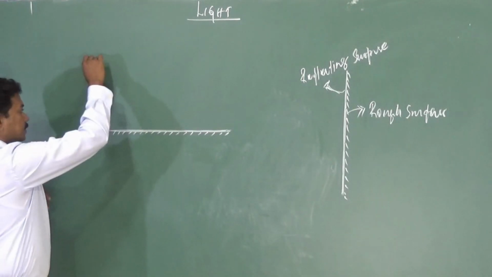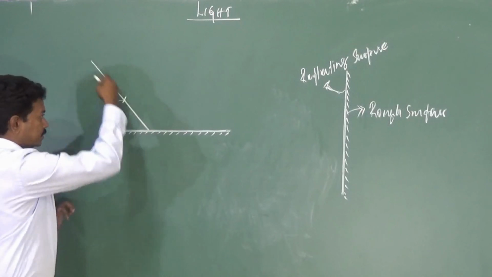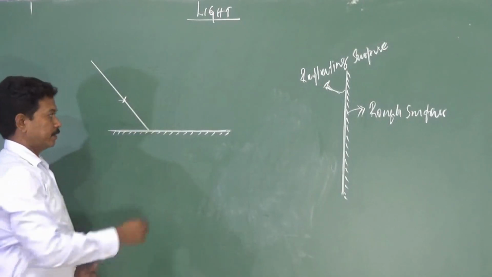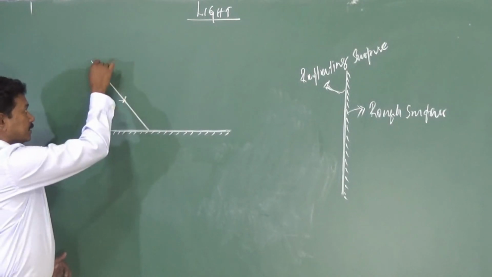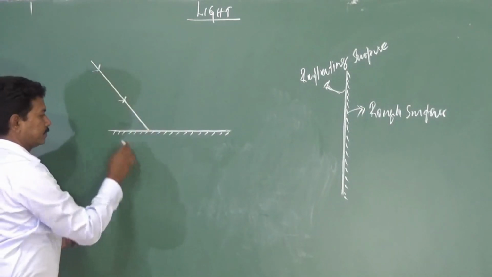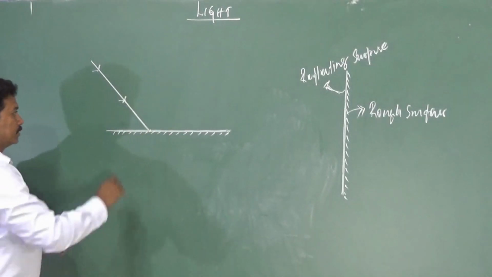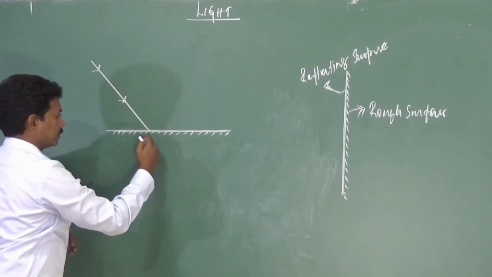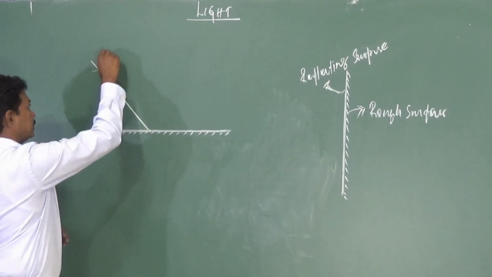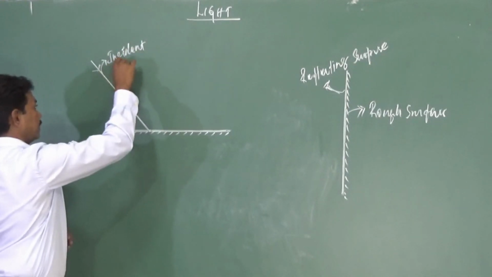So here, imagine a light ray coming from a particular direction. This is a light ray represented by a straight line, and I have put an arrow mark on this, so that represents that the light ray is traveling in this direction and it is falling on the mirror. The light ray which falls on the mirror, or travels towards the mirror, is called the incident ray.